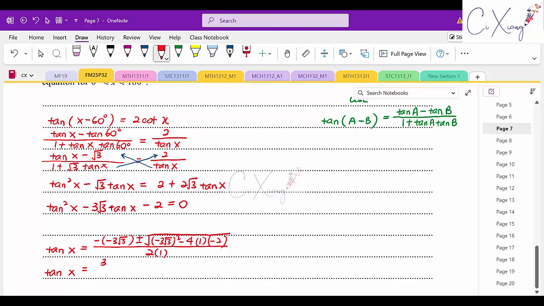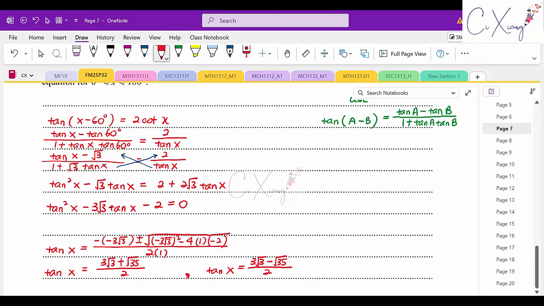One value is tangent x equals 3 plus square root 35 divided by 2. Another value is tangent x equals 3 minus square root 35 divided by 2.